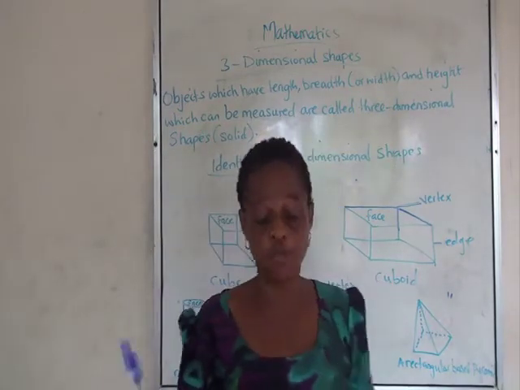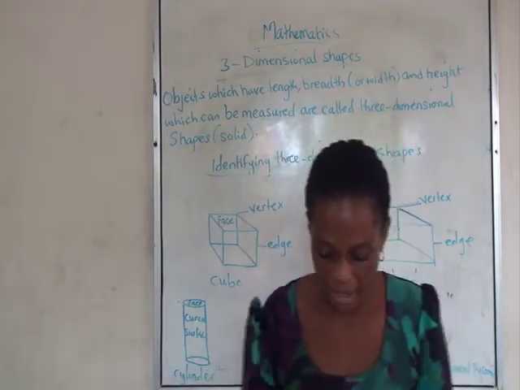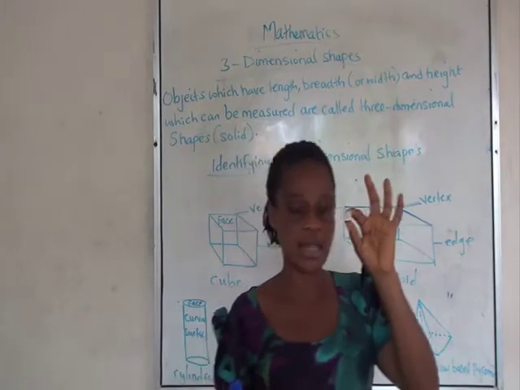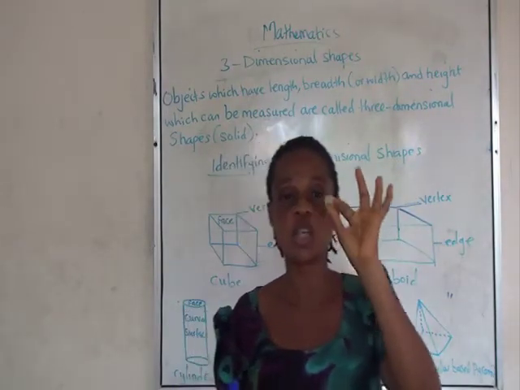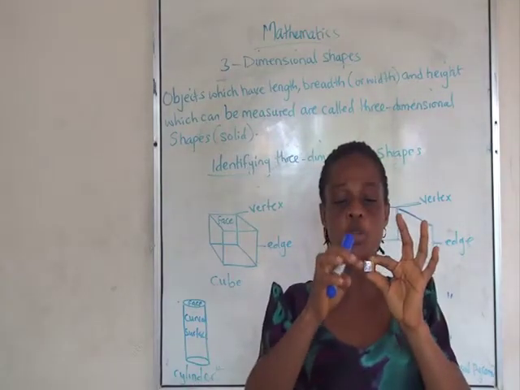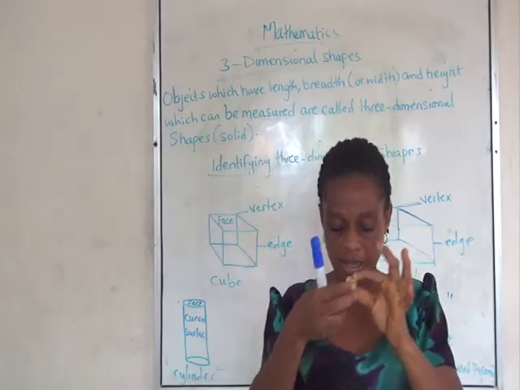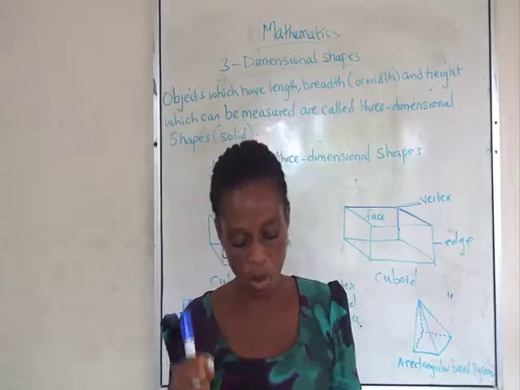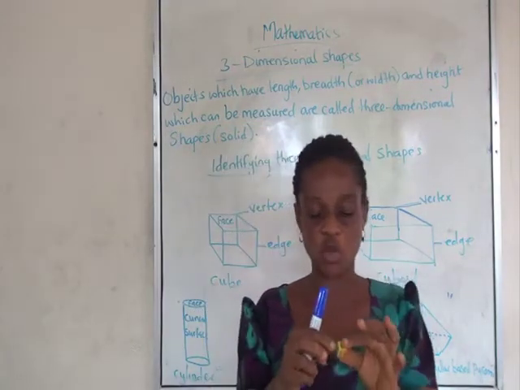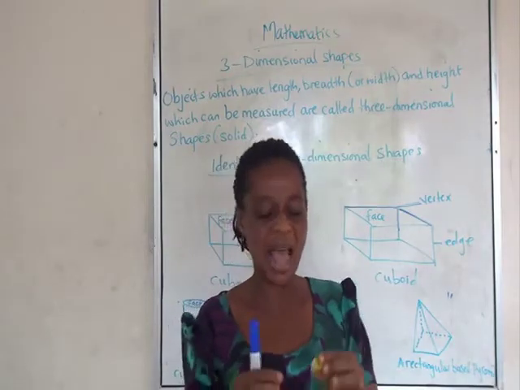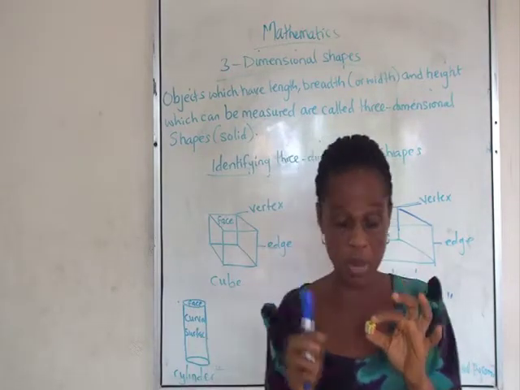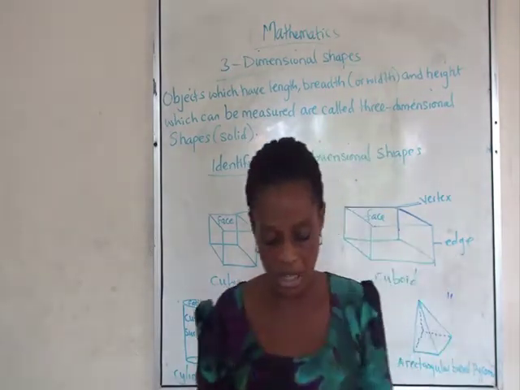One of the properties of a cuboid: the 6 faces are flat. It has 6 faces, 1, 2, 3, 4, 5, 6. It has 12 edges, and it has 8 vertices. Always remember that the vertex is the meeting point.